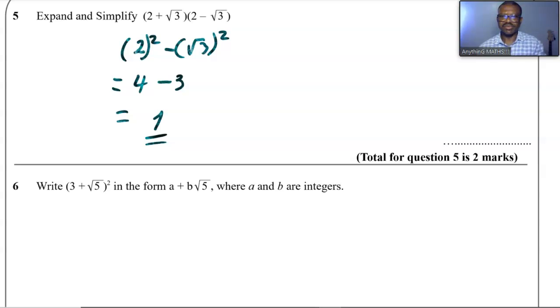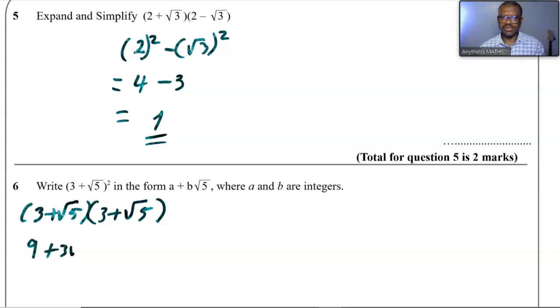The next question is, we're supposed to square 3 plus root 5 all squared in the form of a plus b root 5. That's exactly what we're going to do. So we have 3 plus root 5 times 3 plus root 5. Now when we expand, we're going to get 9 plus 3 root 5 plus 3 root 5 plus 5.